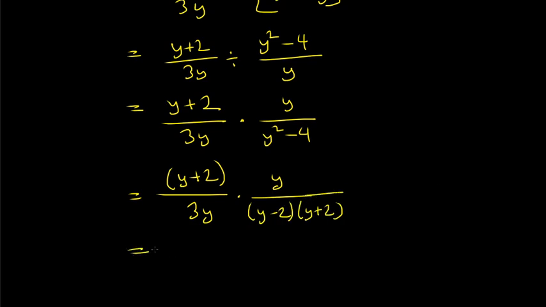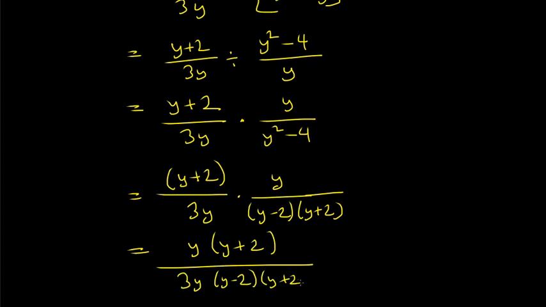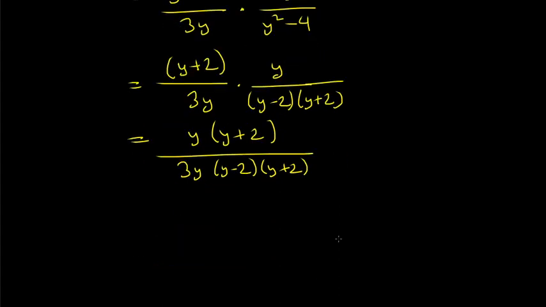So putting everything together, we have a y times y plus 2 on the top. We have a 3 times y minus 2 times y plus 2 in the denominator. So what cancels? The y's and the y plus 2's. So what are we left with? Oh, sorry, I didn't mean to switch colors on you.